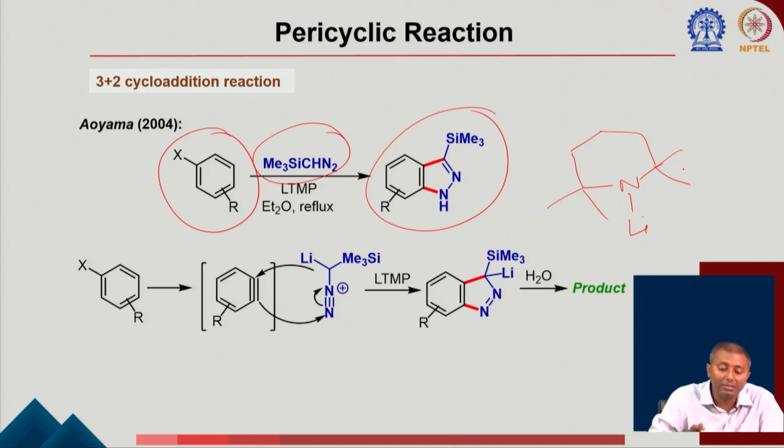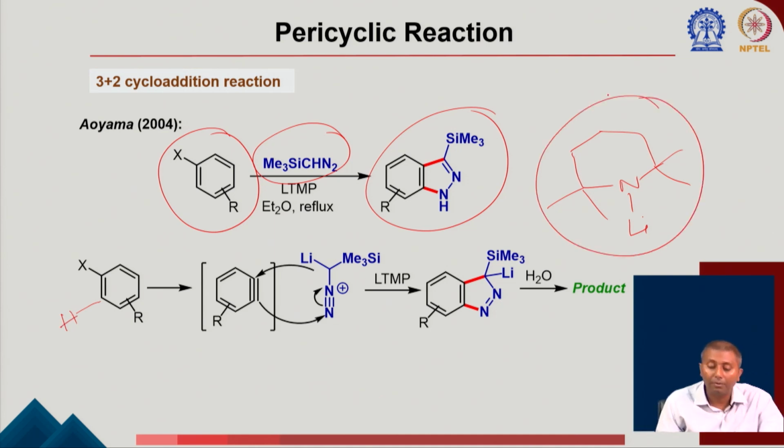So if it acts as a base, what is going to happen? It is going to abstract the proton from here. It's a very strong base. Okay. Then what is going to happen? It is going to form a benzyne, and now this lithium TMP can also abstract a proton from this CH.